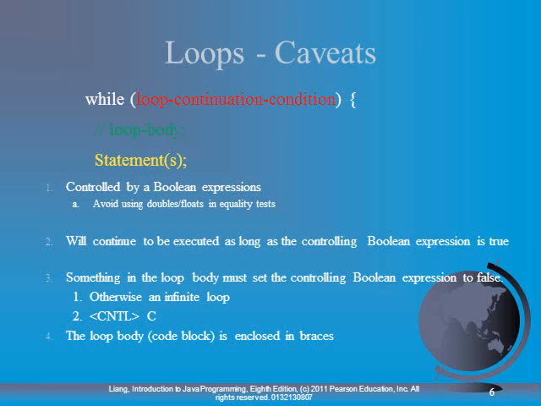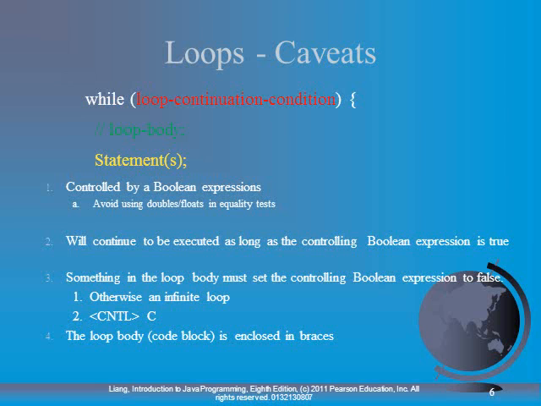In most cases, the loop body will continue to execute as long as the Boolean expression in the loop continuation condition is true. Okay? Now, what follows from that statement is that something in our loop body must occur in order to set the controlling Boolean expression to false. Well, if something doesn't happen in that loop body to set the condition to false, our program will continue to execute the instructions in the loop body forever, known as an infinite loop.